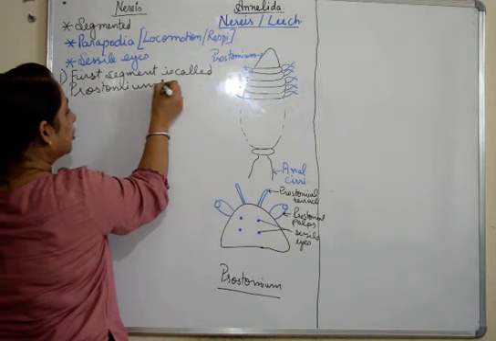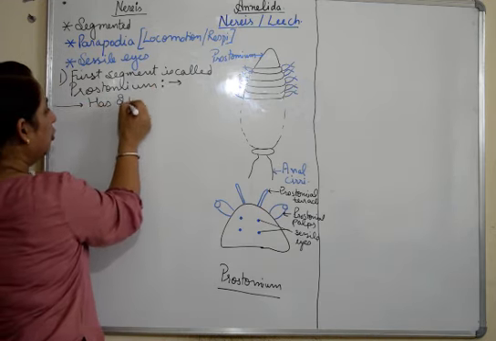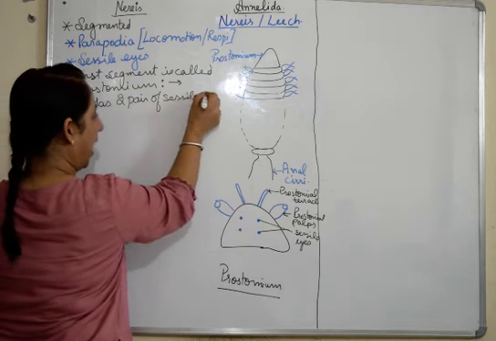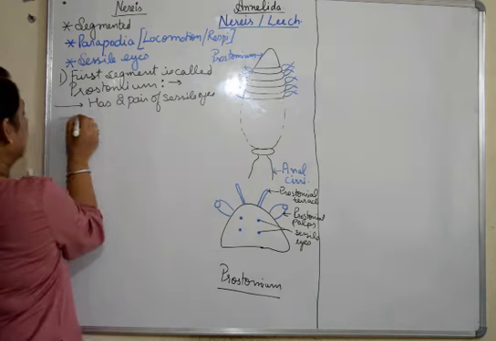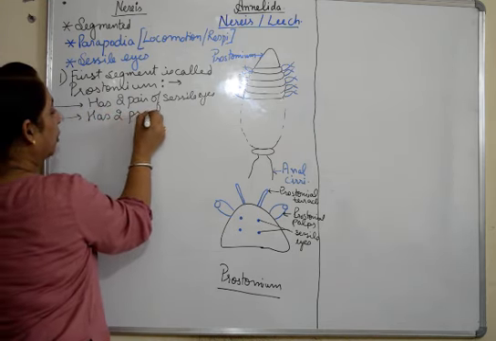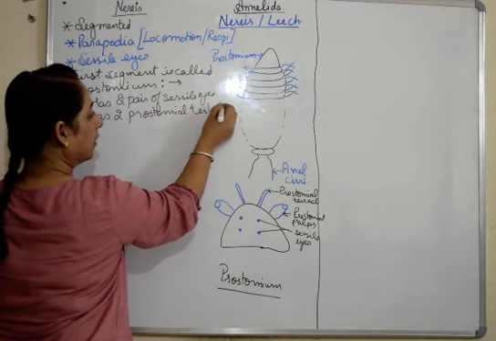And this prostomium has two pair of sessile eyes, and it has two prostomial tentacles. Fine.